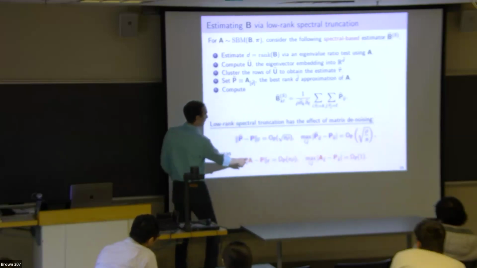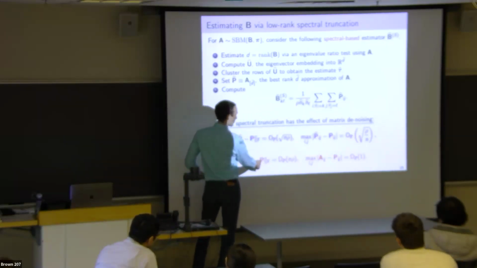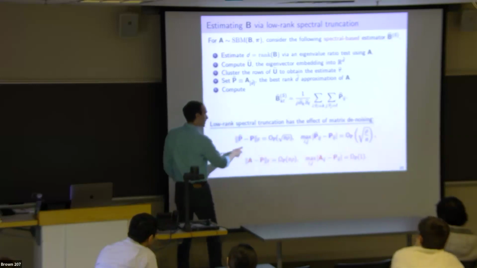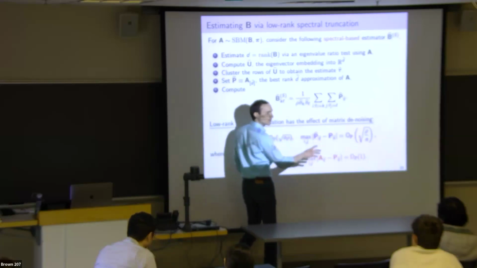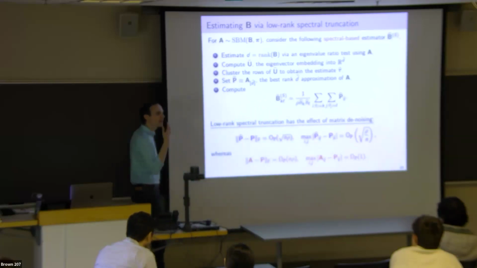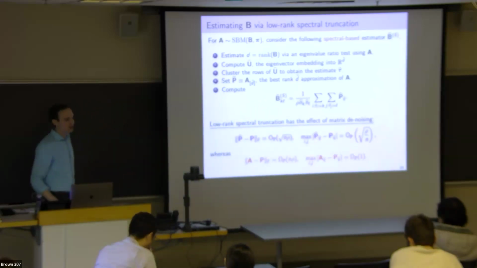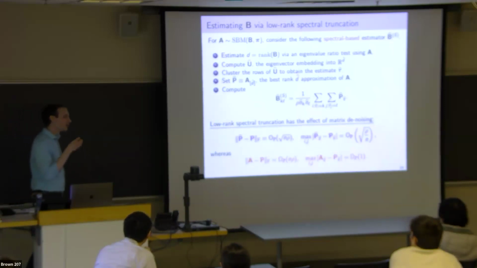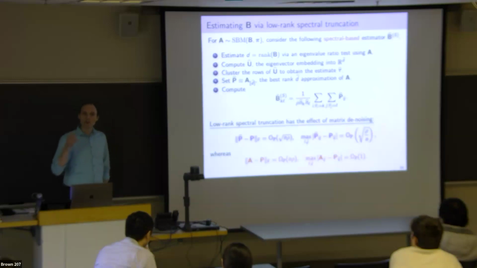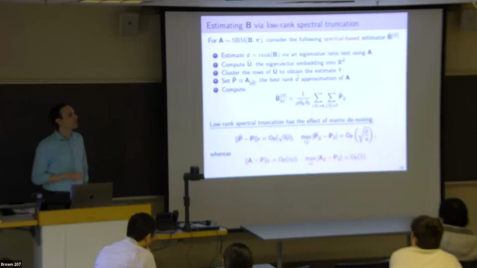So A is close to expected A, but actually the truncated A is closer to expected A in both of these ways. That has the effect of denoising the data that you observe. And the denoising here is possible because your signal strength in your low rank matrix is sufficiently strong for you to be able to recover.